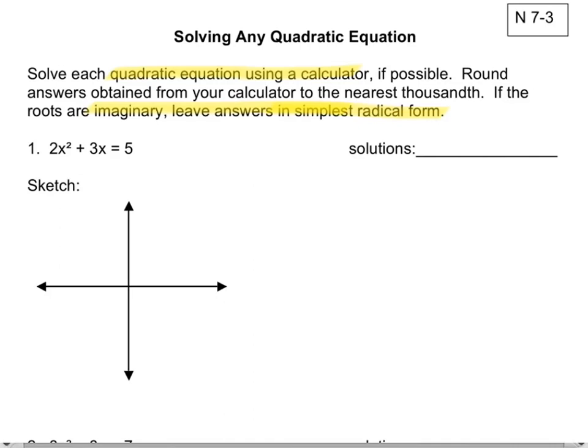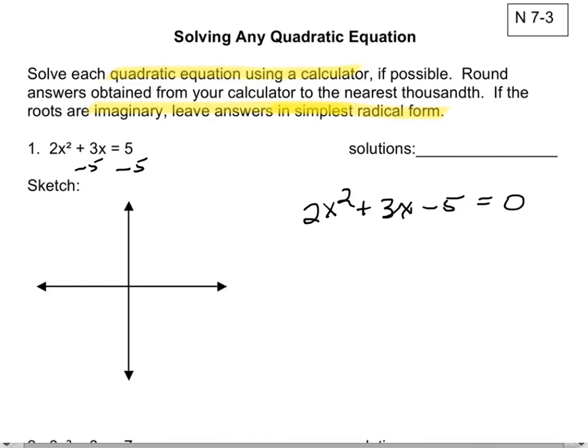In order to enter it in the calculator, you have to make it y equals, which means you've got to get everything on the left side. So we're going to take this equation and subtract 5 from both sides. And so you're going to work with 2x squared plus 3x minus 5 equals 0.